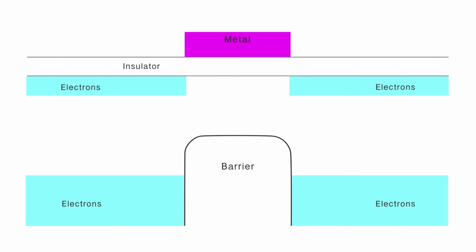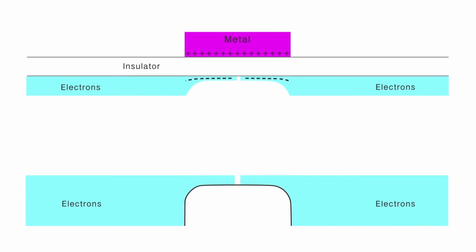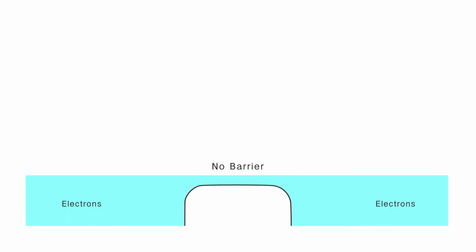So if I were to put positive charges on this metal on the top, I would make the electrons on the surface happier. They would be at lower energy because they're closer to positive charges. They're attracted to the positive charges. That lowers their energy, makes them happier to be there. What that means is the energy barrier has been lowered to the point where electrons on the left can connect with electrons on the right.